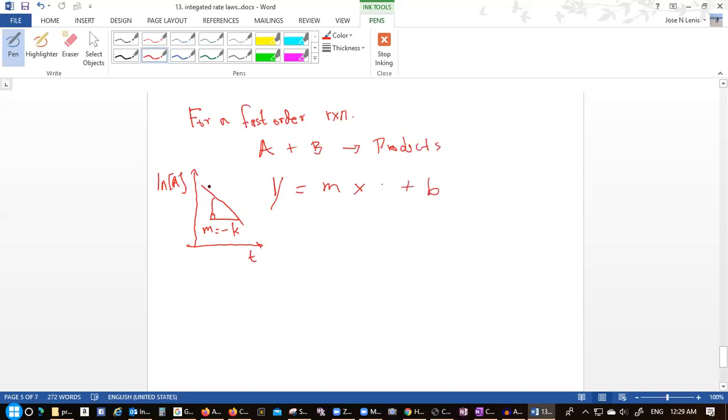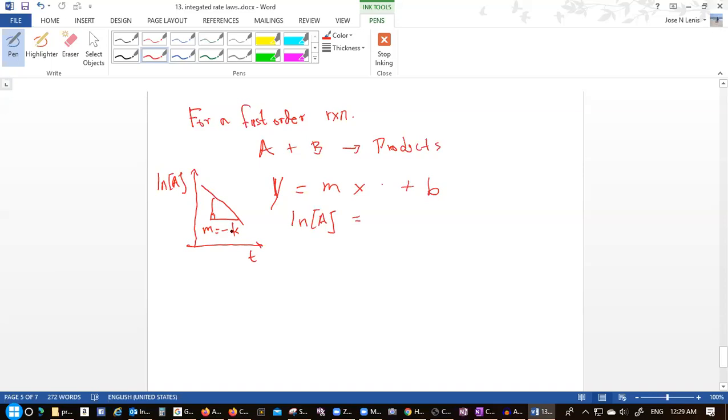So y is the natural log of A. This is the letter y. The natural log of the concentration of A equals m, and what is m?